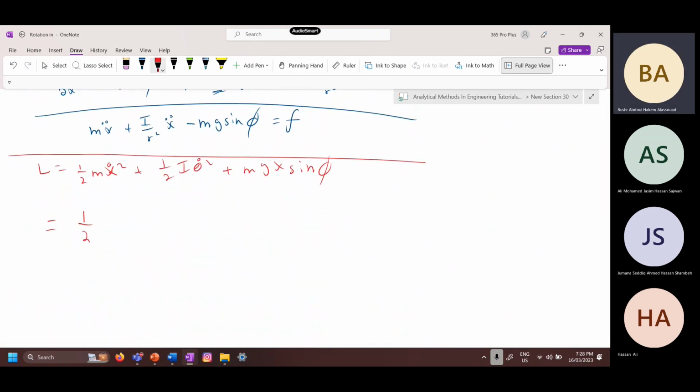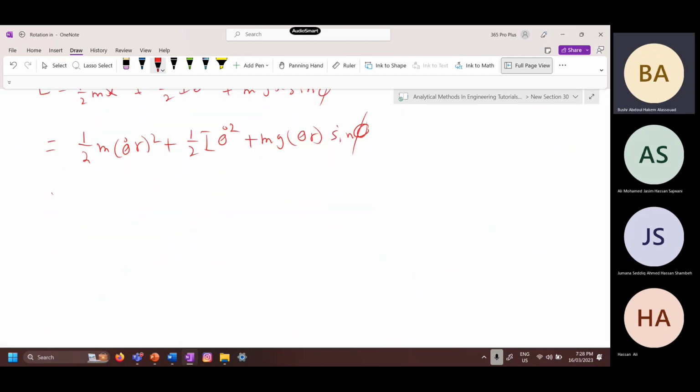So we get half m theta dot r squared plus half I theta dot squared, which will remain the same, plus mg theta r, because this is a displacement, not a velocity, sine phi.